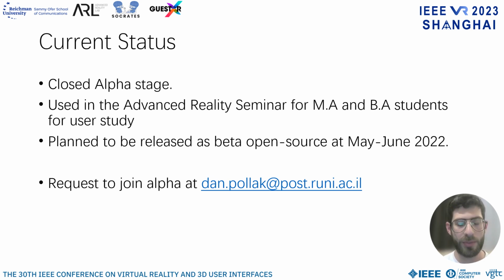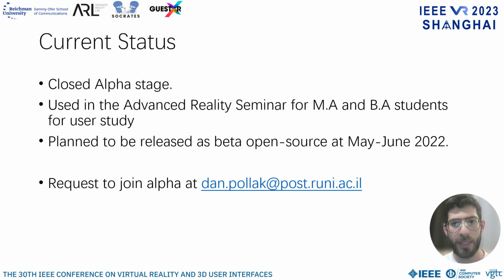We are going to start distributing it in the HCI MA program and to BA students in the communication school for a user study, to see how they interact with Inceptor, how easy or hard it is to use, and how often the AI chooses the correct animation, or whether the user finds a reason to correct it.